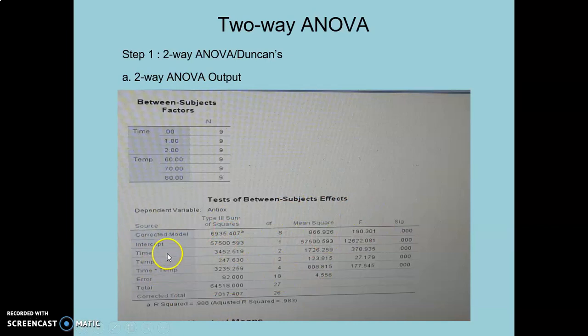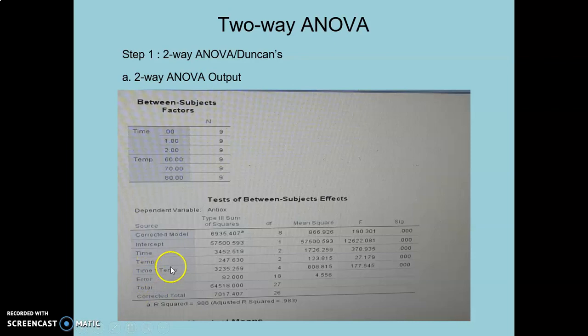Based on this ANOVA table, we can see that time is significantly different, meaning the time of heating significantly affects the antioxidant capacity. Temperature is also significantly different, meaning that the heating temperature significantly affects the antioxidant capacity.